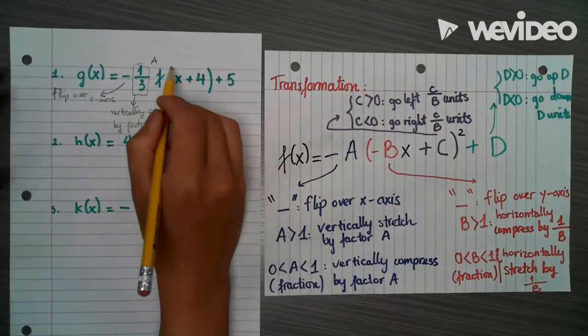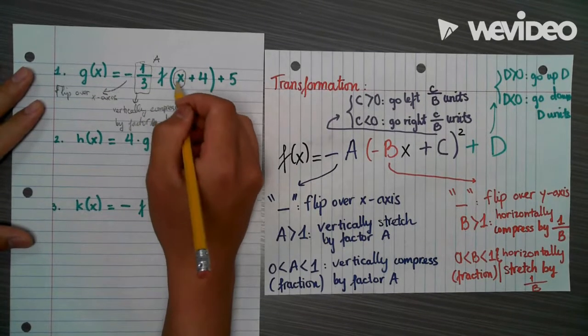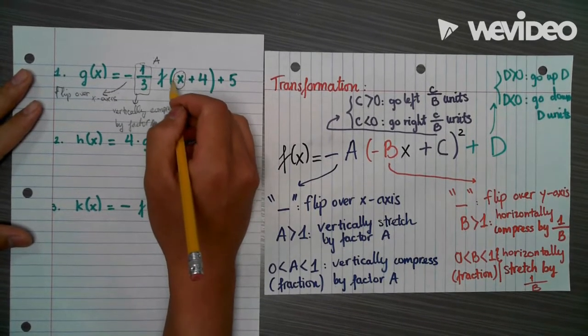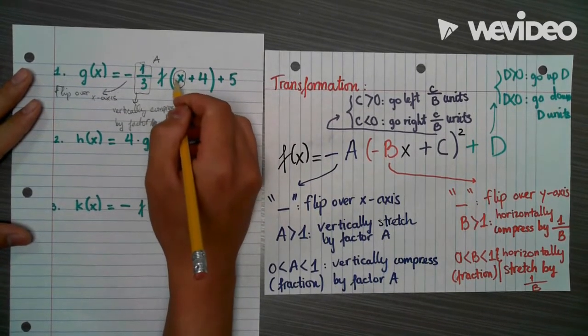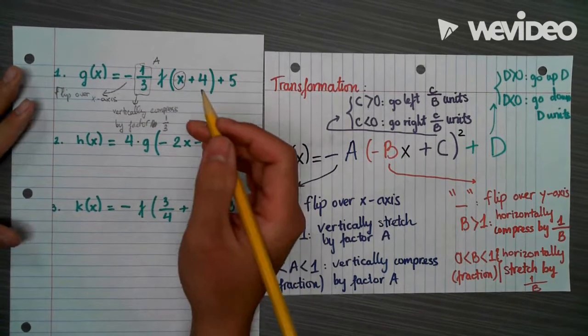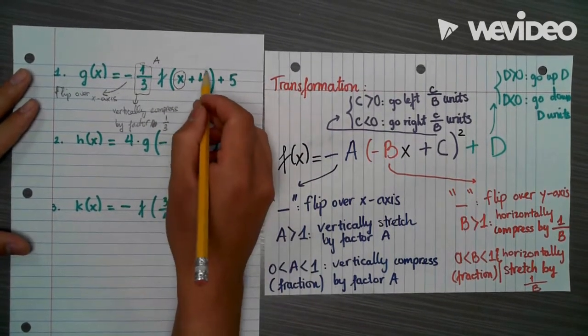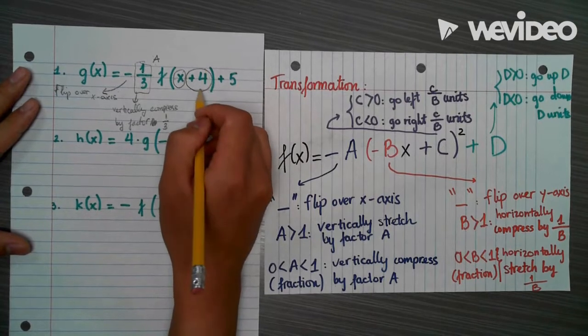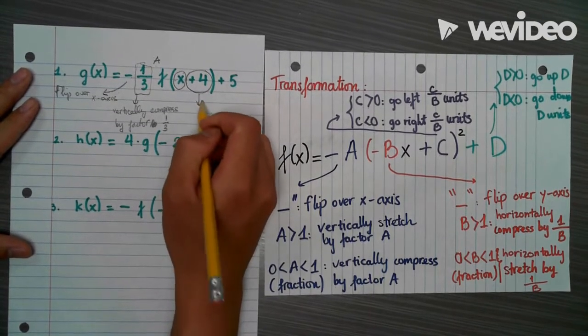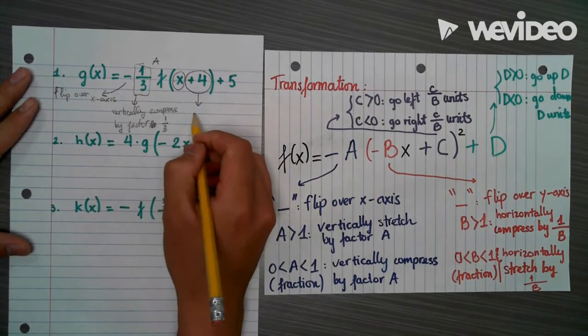Then now this x here is inside, right? And we don't have anything, no negative, no number here, so it just stays the same. This +4 is inside the parenthesis, so it is what, c, right?